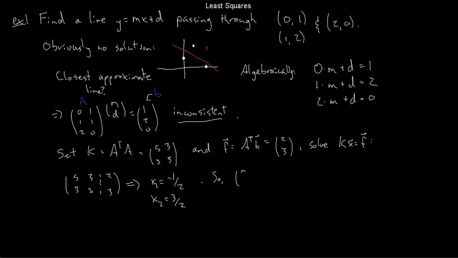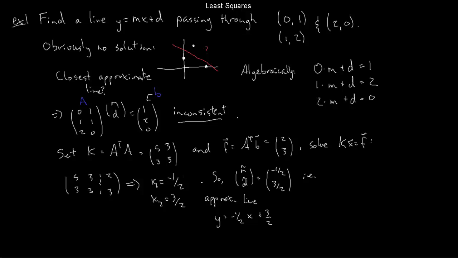That means that your (m tilde, d tilde), which will get you to the closest point in the column space of A to B, is (minus a half, 3 halves), which is all you really cared about. You don't actually need to know what the closest point to B is in that space in R3. You only care what the line was, and that's exactly given to you by m tilde and d tilde.